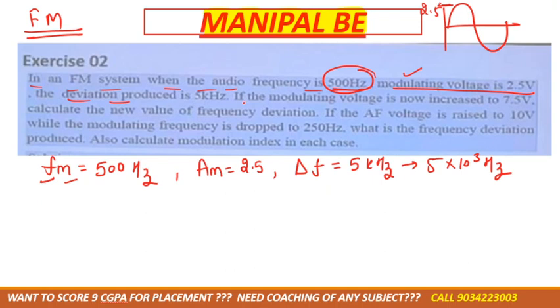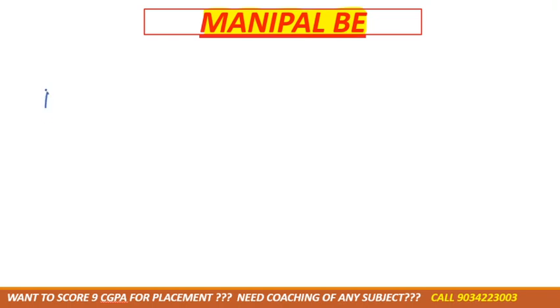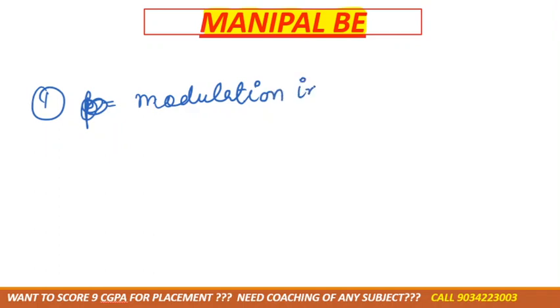Now we know the formulas. Let's see which formulas will be used in this question. The first formula is the modulation index, beta, which is equal to delta F divided by fm. In FM, frequency modulation, the modulation index is denoted by beta.